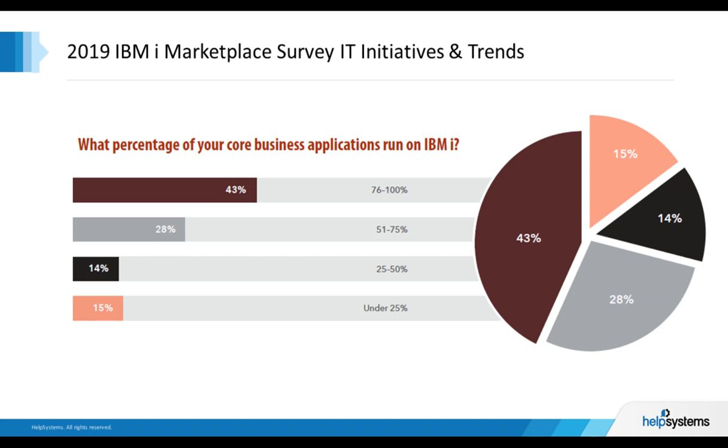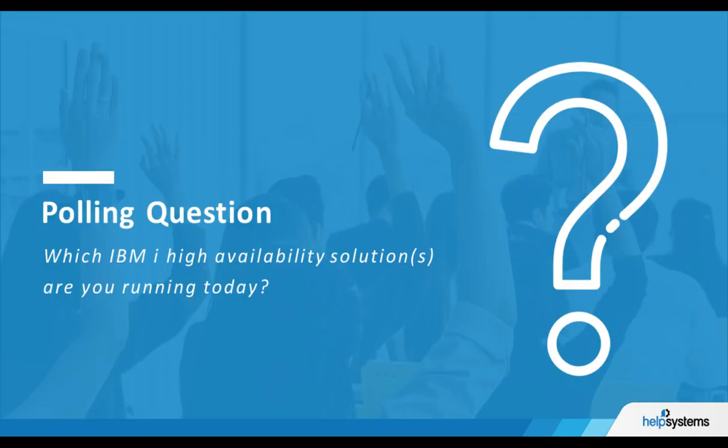Now, before we get started today, we'd like to run today's first poll question. So, we're interested in hearing about what high availability solution you're running today. So, maybe you're running a logical replication solution. Maybe you've got PowerHA. Maybe it's live partition mobility. And some of these, we're going to talk about as we go through the session today.